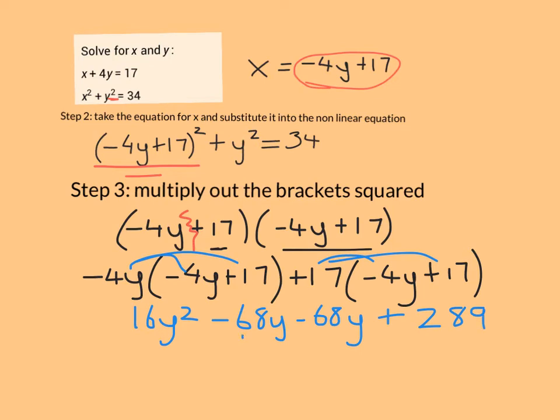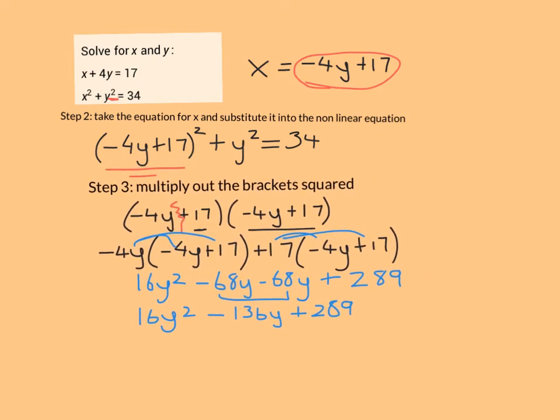Okay, now I have 2 like terms here, so I can go ahead and simplify. So I have 16y squared minus 136y plus 289.